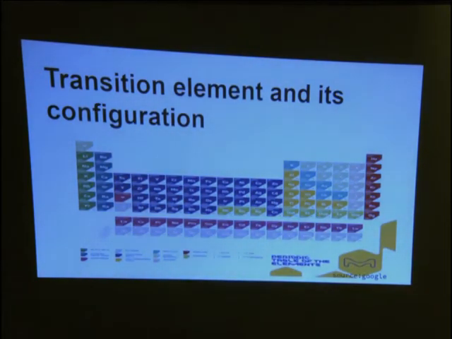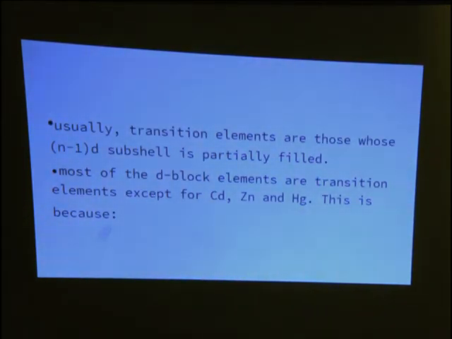Let us look at the transition elements and their configuration. You already know that groups 3 to 12 are transition elements. Transition elements are basically the d block elements. Usually transition elements have their last electron shell incompletely or partially filled.